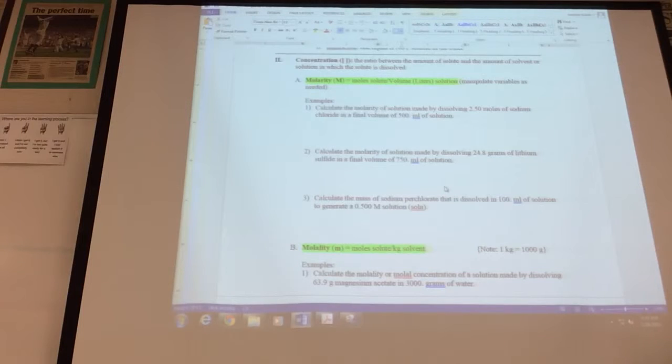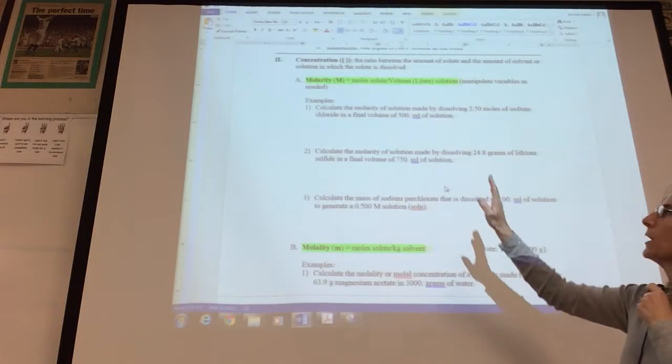Your denominator is either the amount of solvent, in grams or kilograms, or the amount of solution, and solution is solute plus solvent. Typically with solution, at least for molarity, you're dealing with a volume in liters.